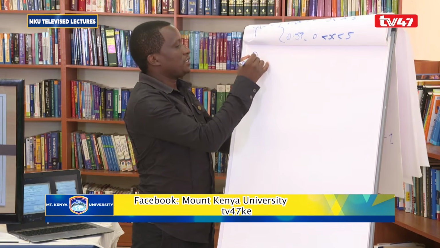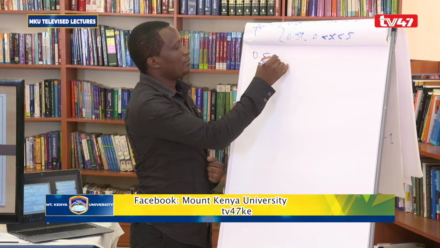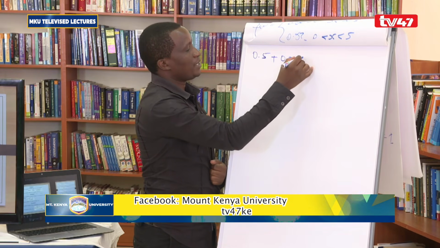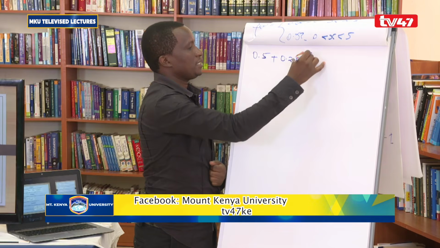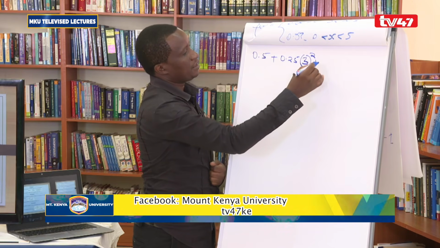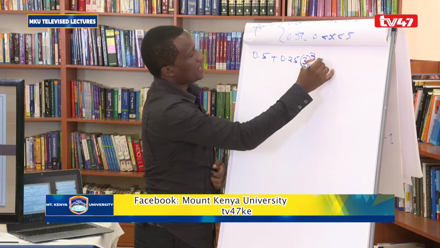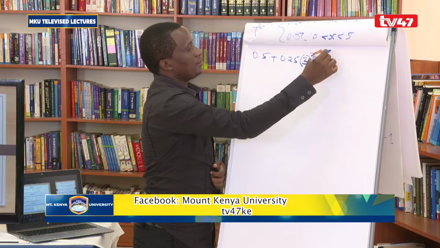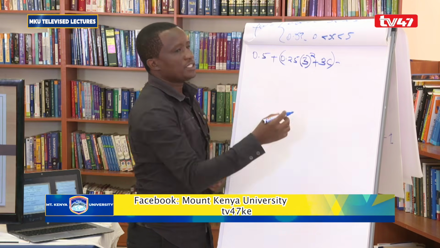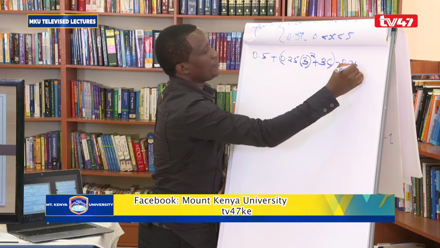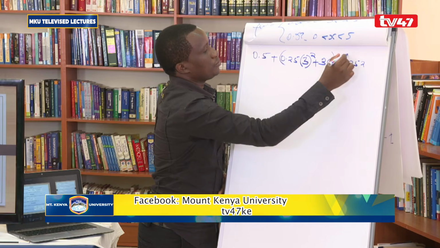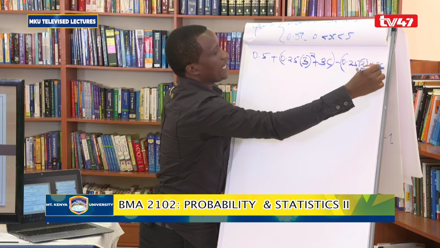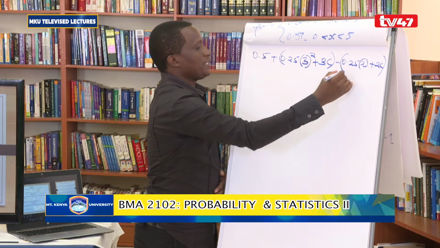We'll have 0.5 plus 0.25 multiplied by 3 squared plus 3 times c. Then the whole of this is supposed to be subtracted from 0.25 multiplied by 2 plus 2 times c. This should give us 1 again.